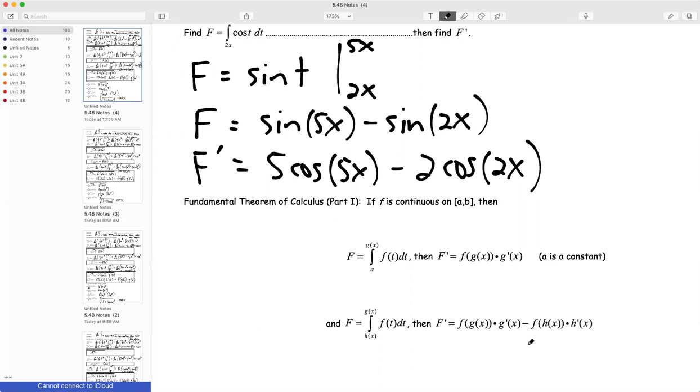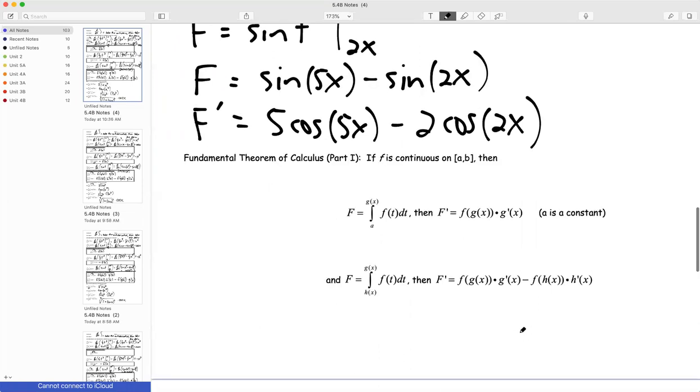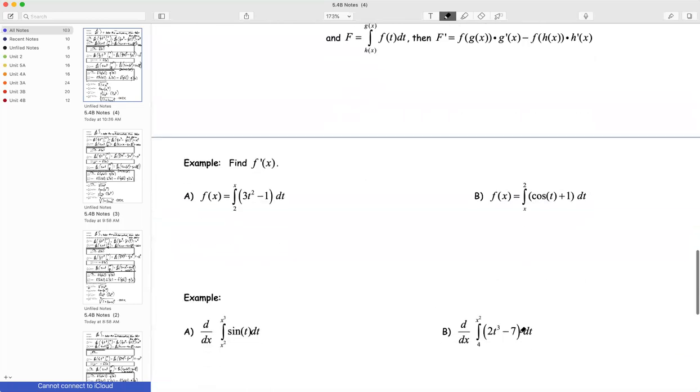So we were just subtracting 0 there. And if we have two variables in our bounds, we plug those in, multiply by the derivative of each one, and subtract the two. So let's look at a couple of examples, and then we'll be finished for today.